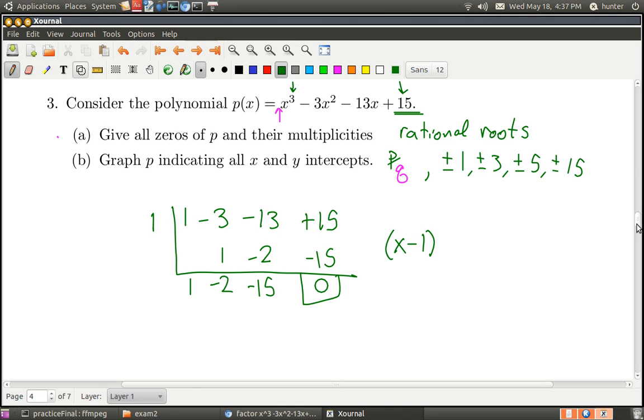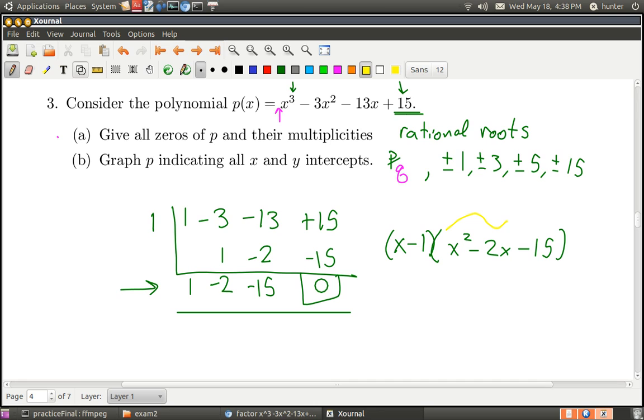So that means that the whole thing can be written as x minus 1 times the stuff that's left, right? These numbers tell me the coefficients of what's left. So what's left is x squared minus 2x minus 15. And so I want to factor it the rest of the way, so I ask myself, can I factor this?